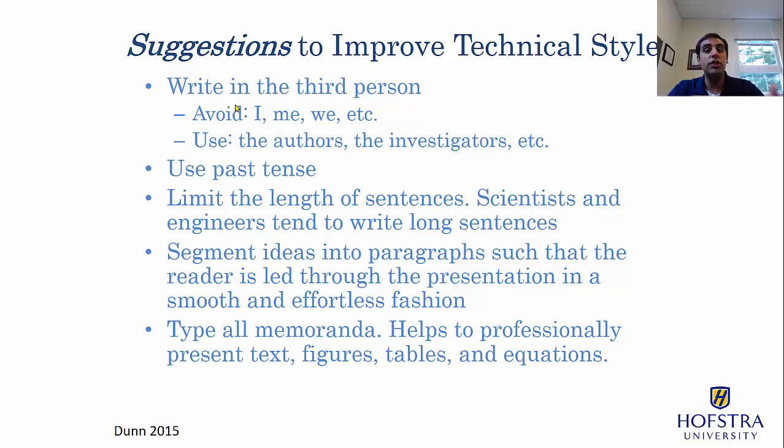All right. Now, in general, what you want to do is avoid any of these words at all. So in the previous example, let's say you were writing the experimental setup. So one could say the authors of this paper conducted experiments at 6 different Reynolds numbers between 10,000 and 50,000.